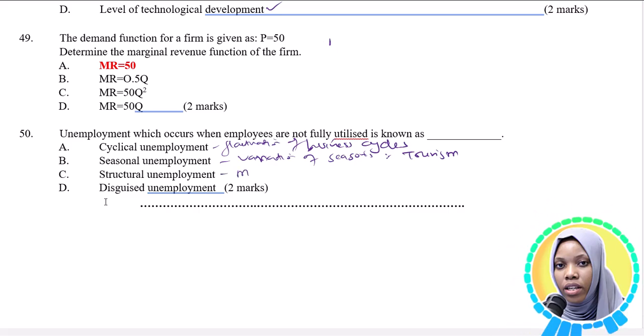Structural is where there's a mismatch between the employees' skills and what the employers need.